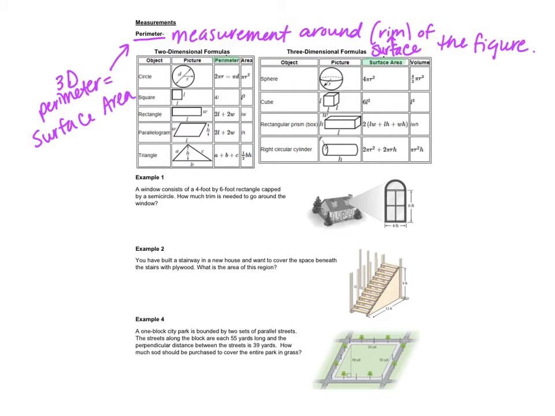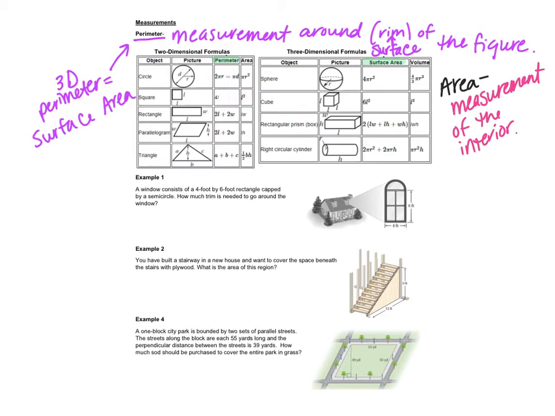So I'm going to add a definition over here that area is going to be the measurement of the interior, whereas the perimeter was the measure of the exterior.